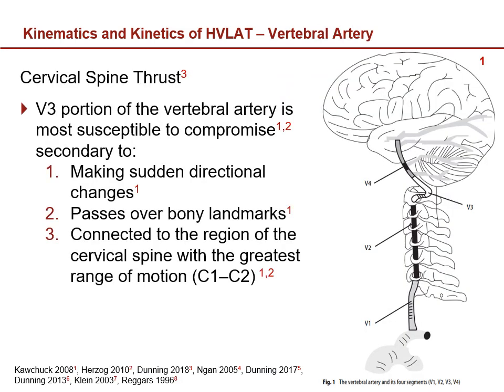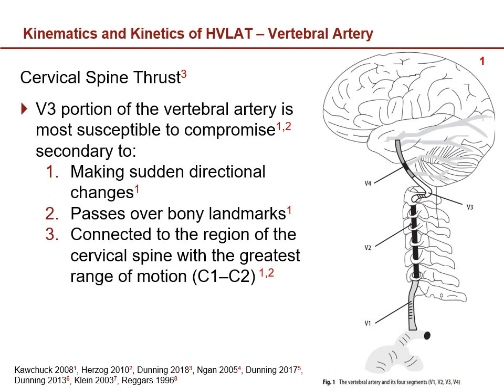All right, let's talk about the vertebral artery and the safety of these techniques. So you can break the vertebral artery up into 4 different segments. In particular, V3, you can see this on the schematic and how they align. So going from essentially a cranial to a caudal direction, you have V4 to V3, V2, and then V1.